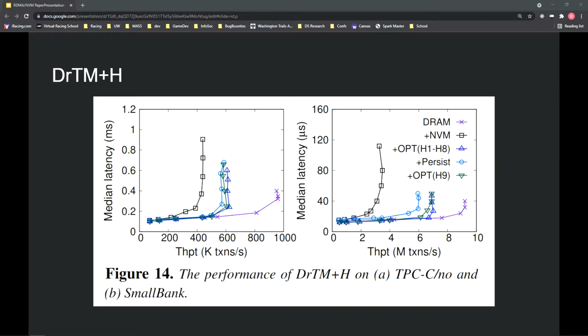What I found interesting in these charts is that you can see the significant performance improvement of applying optimizations 1 through 8, and then a noticeable drawback when they added persistence checks, which stemmed from the additional requests needed to confirm persistence, and then the application of H9, which kind of brought it back in line with the pre-persistent performance. I also kind of liked how the charts were a bit additive, so you can see the effects of all the changes.